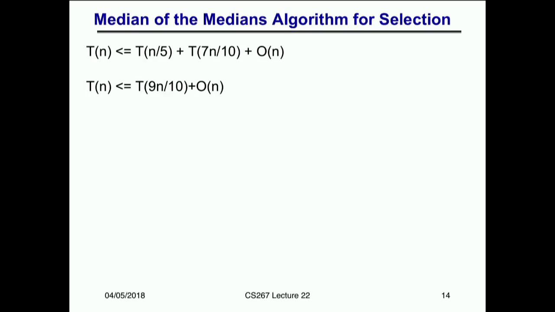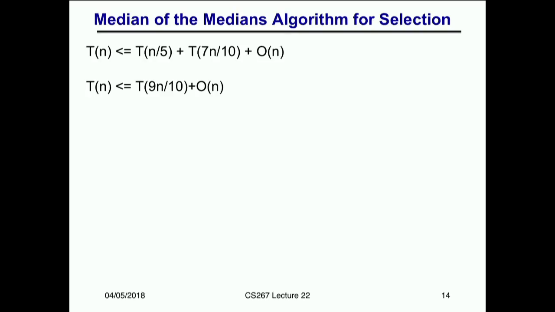You can see the main problem if that call was not n over 5, but instead n over 4. You run the numbers, and you'll see that your recursion will not be shrinking, your recursive function will not be making progress. You'll keep recursing on the same size data.